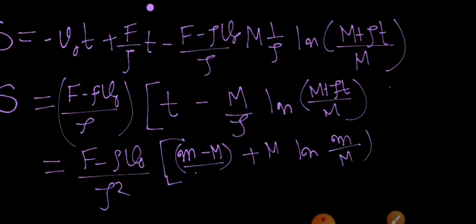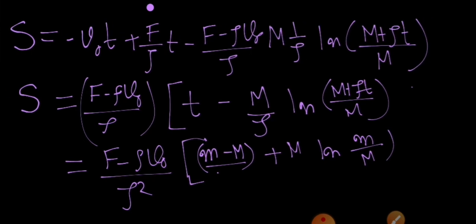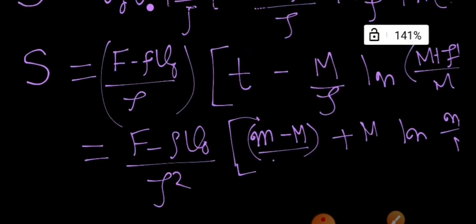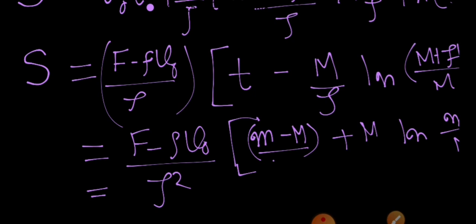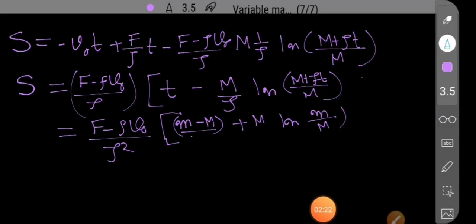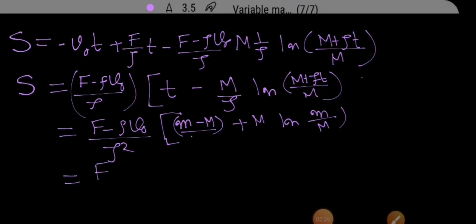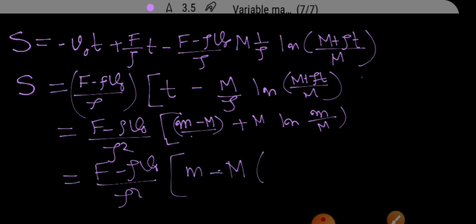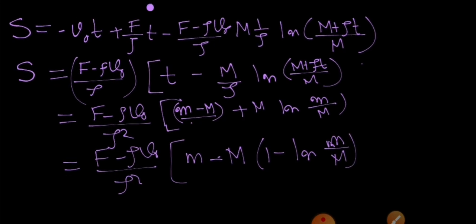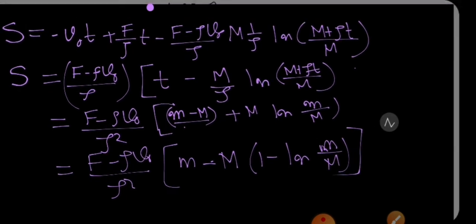Further, from these two terms, again I can take M common. So this can be written as (f minus rho v naught) by rho square, M is outside, minus, I take m common, so (1 minus ln of m by M). So this is my equation for s.